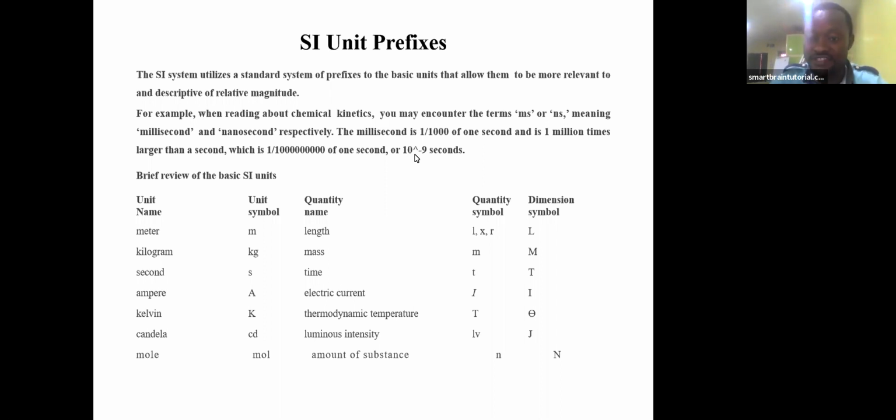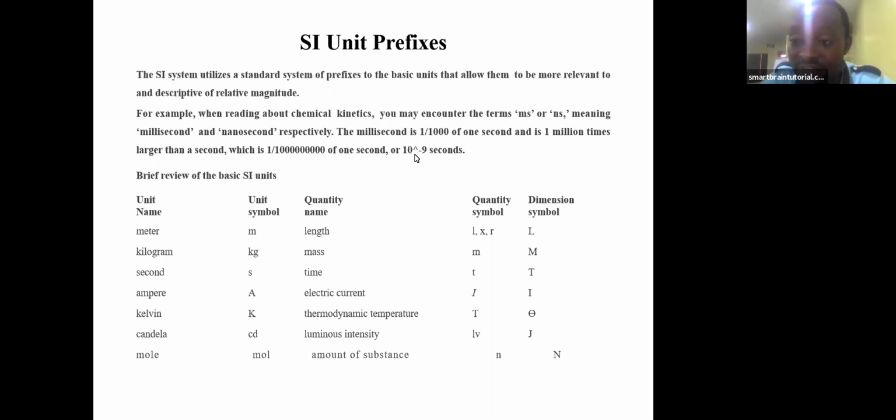SI unit prefixes. Now we have certain abbreviations that are used to represent SI units. The SI system utilizes a standard system of prefixes to the basic unit that allows them to become relevant to the description of relative magnitude.